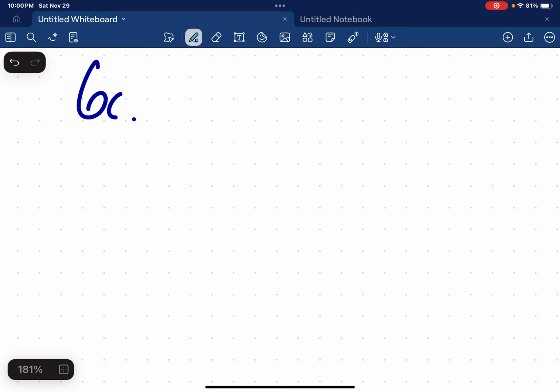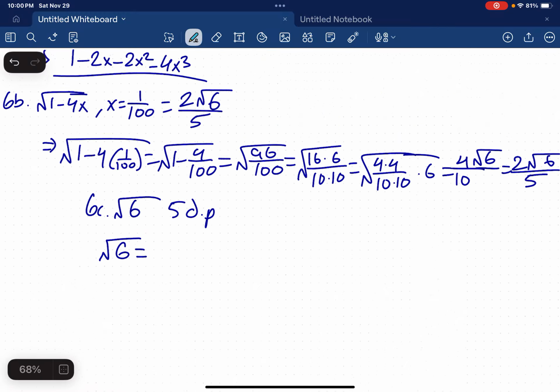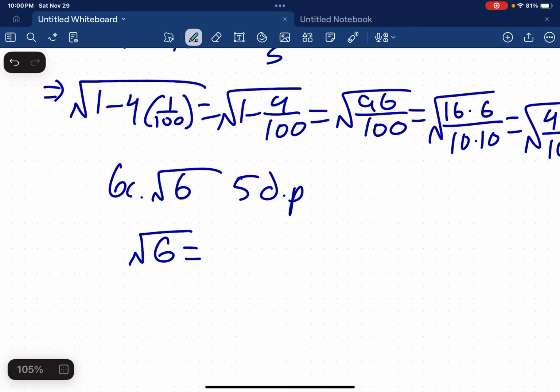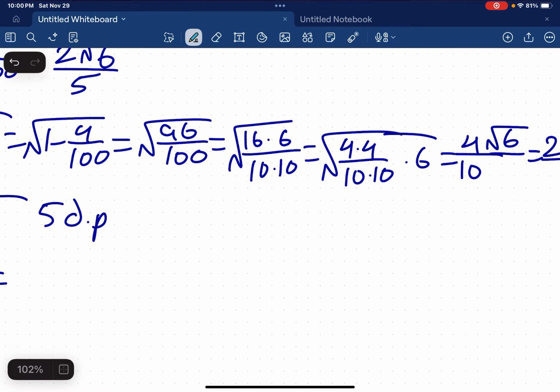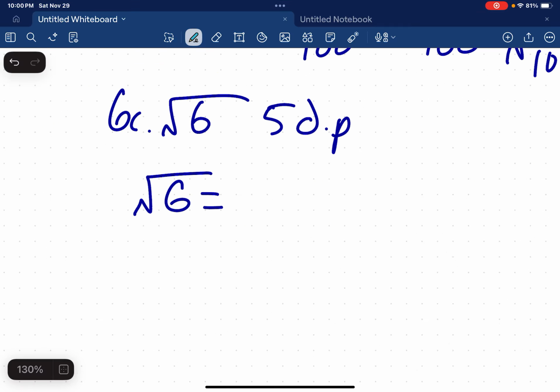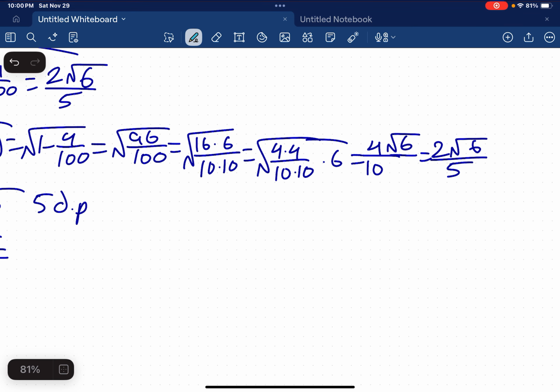6c, hence determine the square root of 6 to 5 decimal places. Okay, well, we can just write the square root of 6 equal to our little thing from earlier divided by 4 divided by 10. Well, sorry, 5 divided by 10.